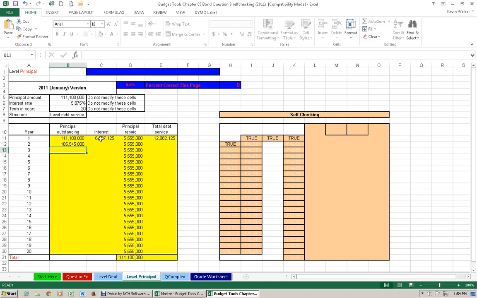So now we're going to do the same thing. We're going to calculate how much interest this is based on this amount now. Smaller amount, so you would expect this amount to go down. B5 times B6, well, now it's B6 times B7.